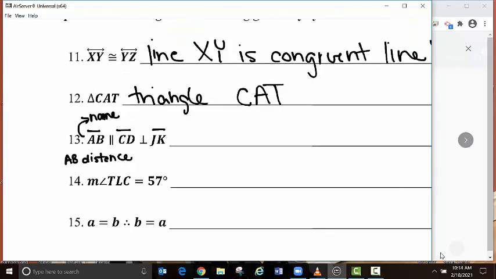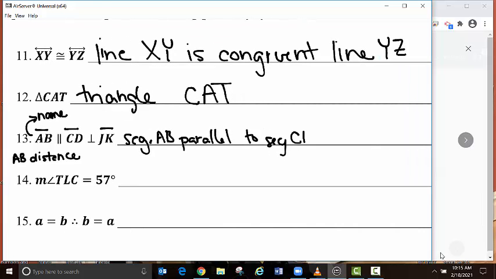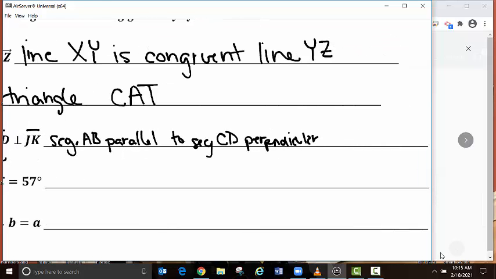So it's saying segment AB is parallel to segment CD, which is perpendicular to segment JK.